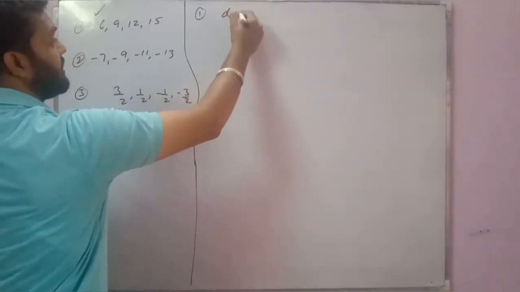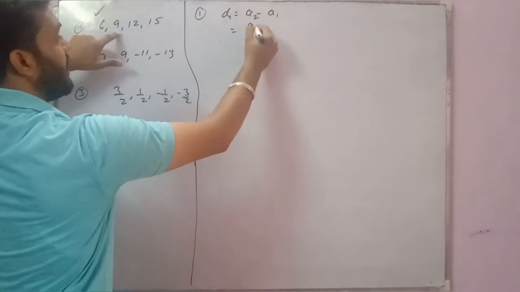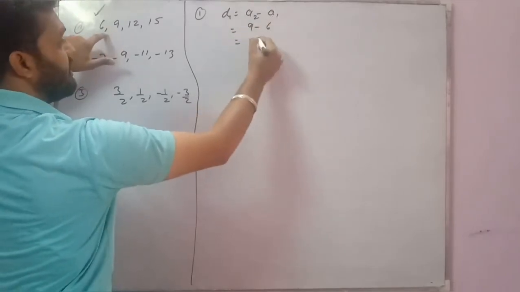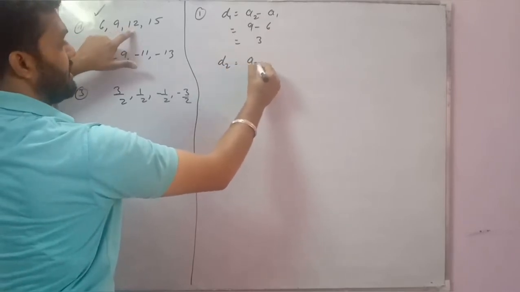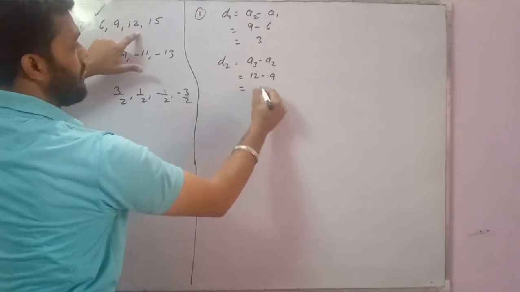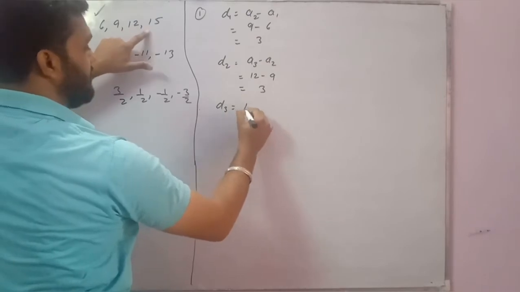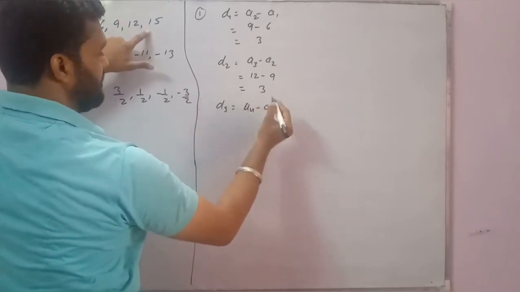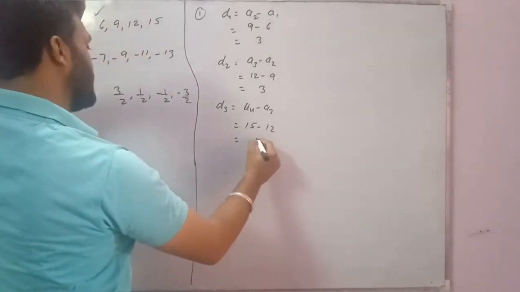First we find D1, A2 minus A1: A2 is 9, A1 is 6, so 3. Again D2, A3 minus A2, 12 minus 9, again 3. D3, A4 minus A3, 15 minus 12, the number is 3.